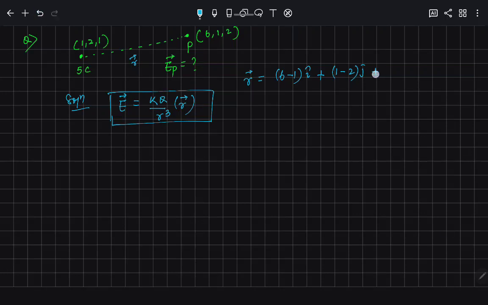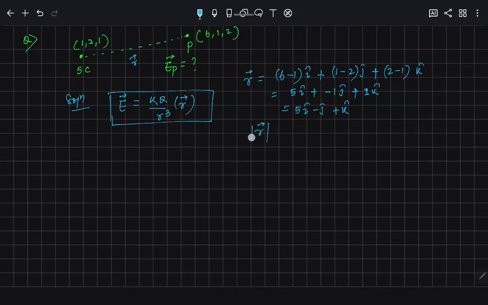Okay, so plus (2 minus 1) k cap, right? 5 i cap plus minus 1 j cap plus 1 k cap. 5 i cap minus j cap plus k cap. This will be our vector.